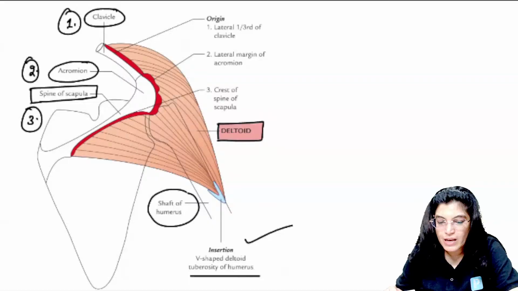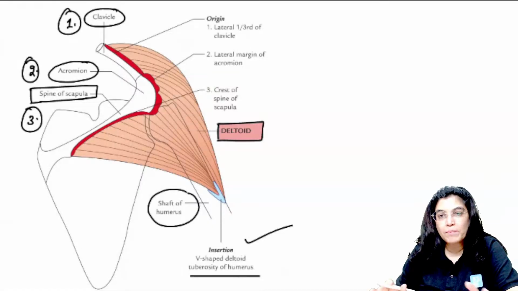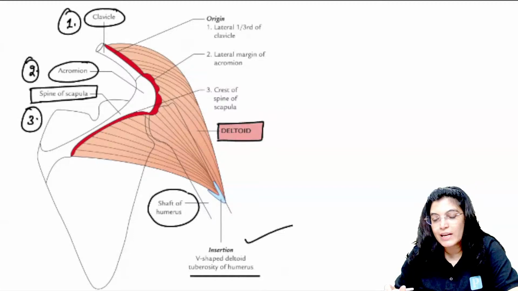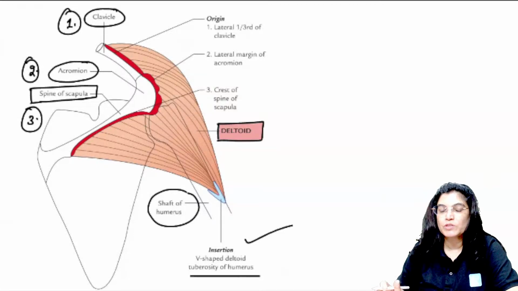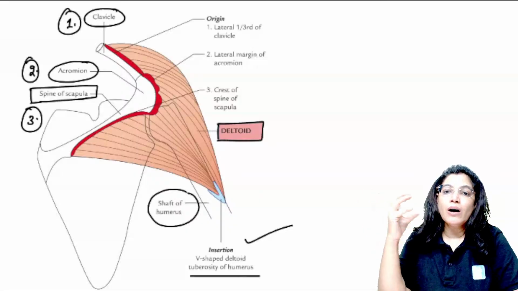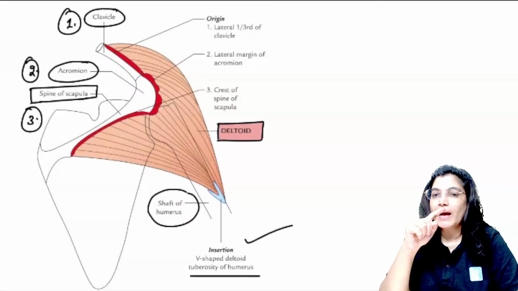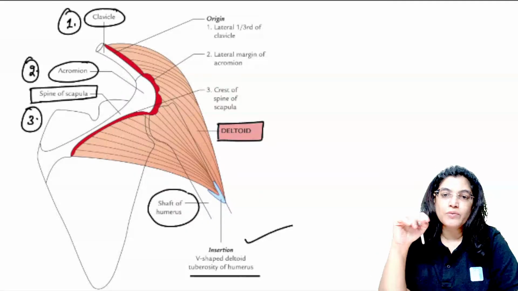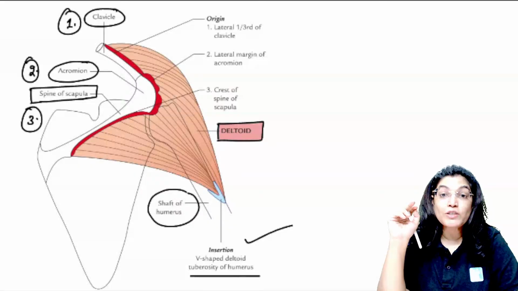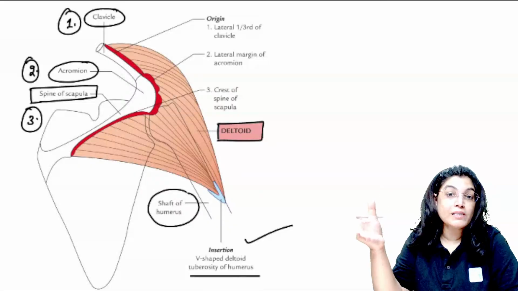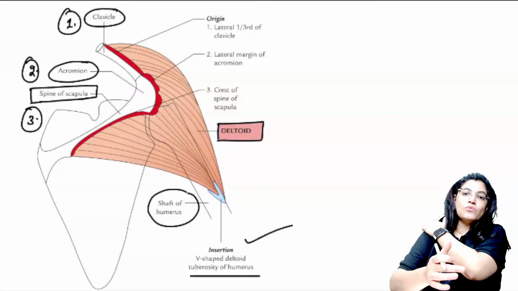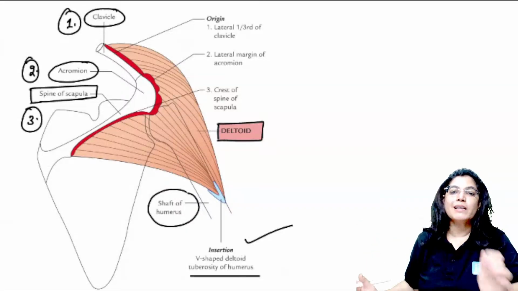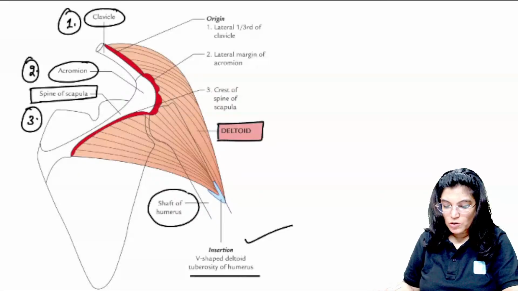The V-shaped deltoid tuberosity is the part of the humerus lying on the lateral aspect of the middle part of the shaft. It is a V-shaped rough tubercle where the deltoid muscle inserts. This rounded contour of the shoulder is formed by the deltoid muscle. So this is about origin and insertion.